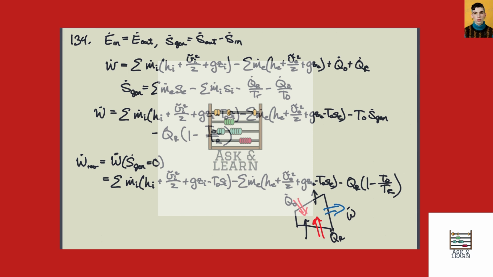So we got Q naught, let me actually just do some math here. Q naught dot equals, let's see, we're multiplying through by T naught, and then move this over to the other side, or change the sign on everything, so we get Q naught, so T naught minus T naught S dot gen, right? And so then plus, this is the inlet stuff, well, that's T naught times the inlet stuff, minus T naught times the exit stuff.